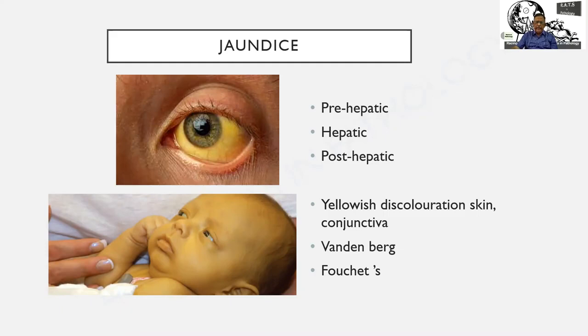It can be deposited in other parenchymal organs such as the liver. Now, how do you identify it? One is the yellowish discoloration of the sclera and the conjunctiva, the skin. It can be identified by means of a special stain called the Van den Bergh stain. And you do the Van den Bergh test also in biochemistry. And there is also another test called Fouchet's test.